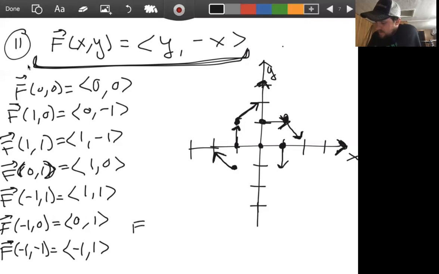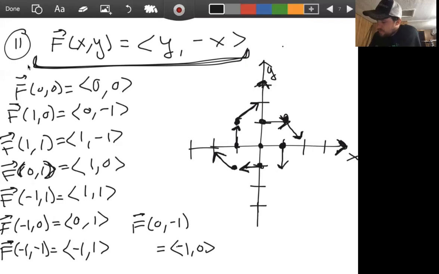And then let's finish off with a few points. So here, let's plug in this point, 0, -1. If we plug in 0, -1, we will get -1, 0. So this is pointing to the left, 1 unit.